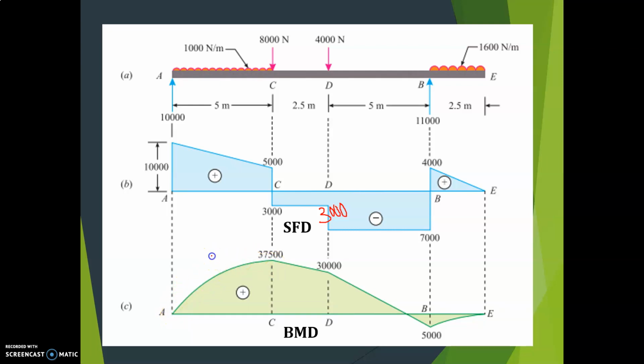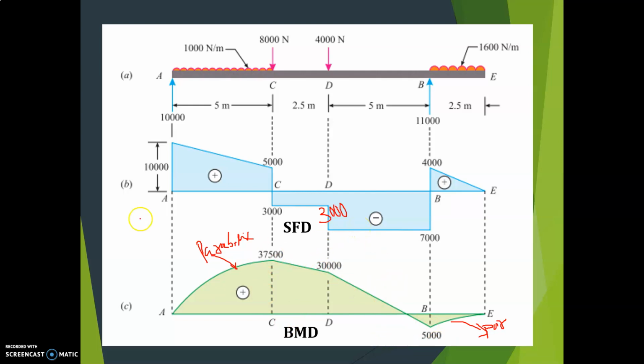This is a curve, this is parabolic, and again this is a parabolic shape. This is also a parabolic shape, and this is a straight line. Like this you can draw the bending moment diagram.